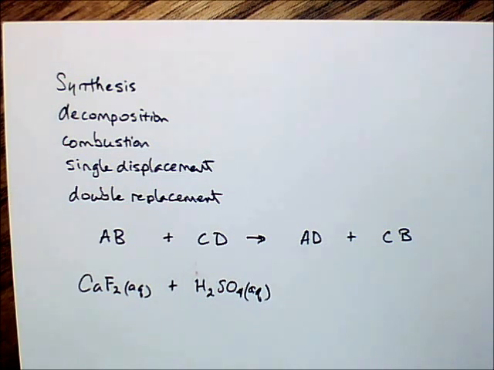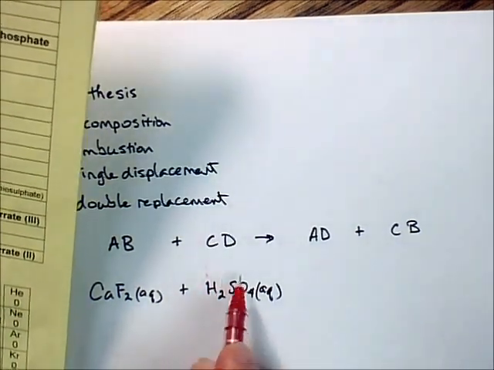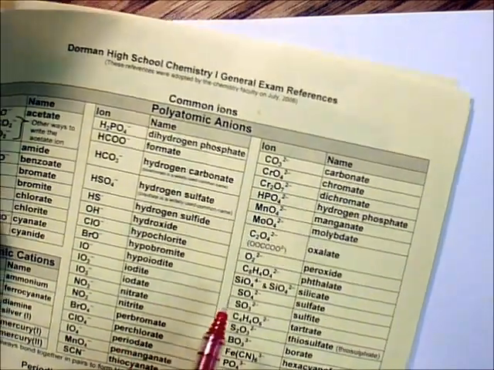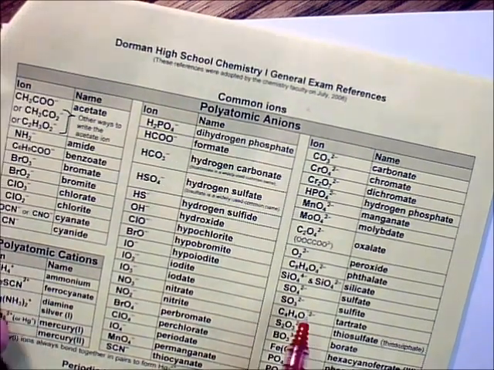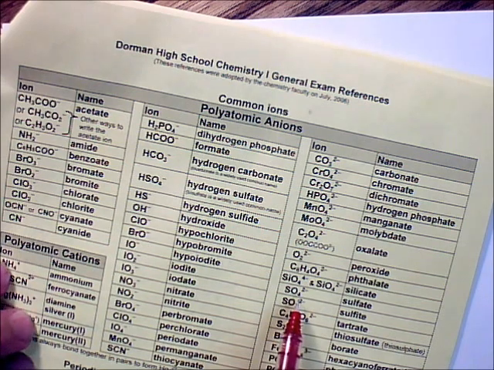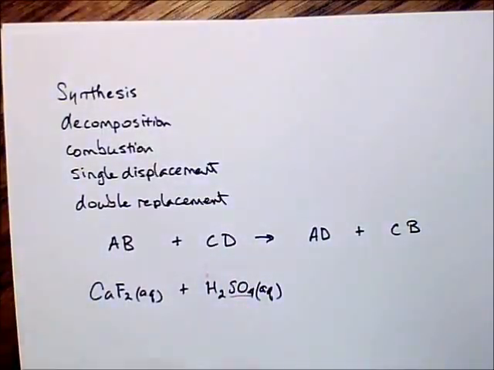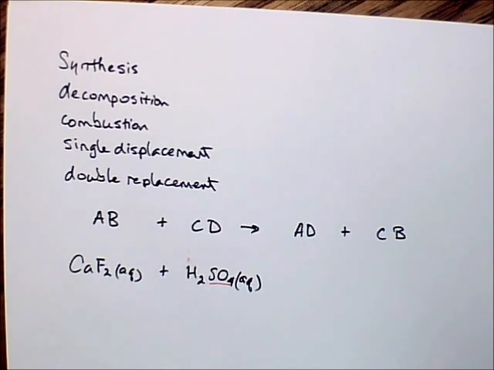The polyatomic ion acts like 1 part. And if I look for something in this formula that looks like something on our common ions list, I'll find sulfate. Sulfate is SO4 negative. So this part stays together. It acts like 1 thing.